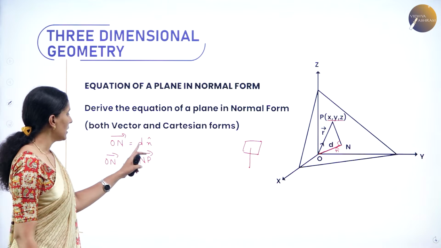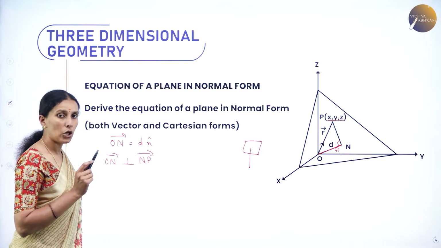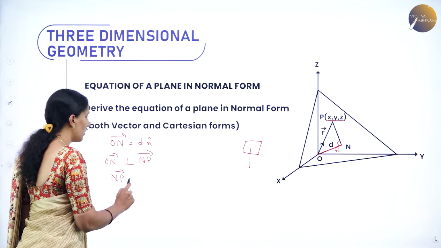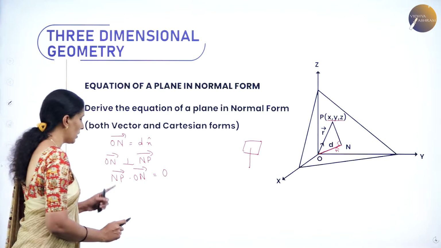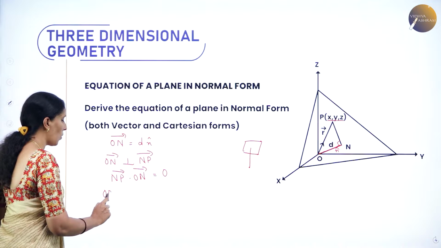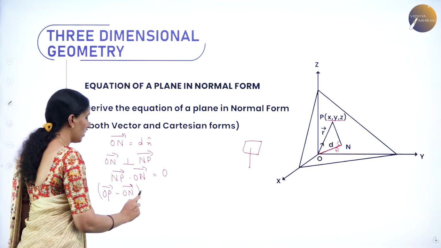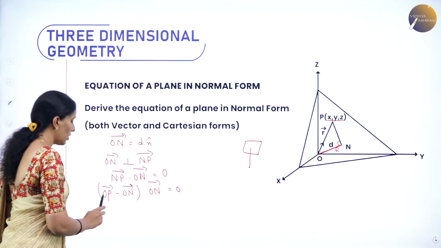Now, clearly observe, when two vectors are perpendicular, their dot product is 0. So I can write NP dot ON is equal to 0. NP can be written as OP minus ON, dot ON is equal to 0. Now, what is OP?